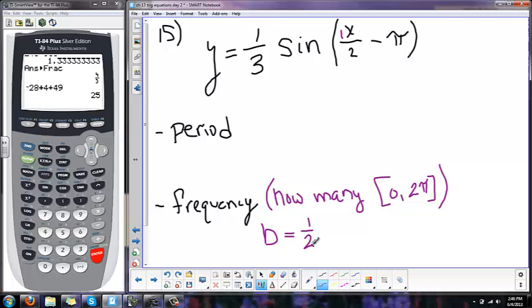Now why am I telling you that? I'm telling you that because the period, we have an equation for period which is 2 pi divided by b. So you actually needed to know what that b was in order to figure out what the period was. But period as a definition is how long does it take to see one curve.